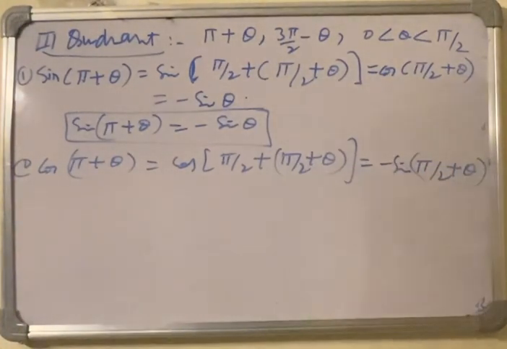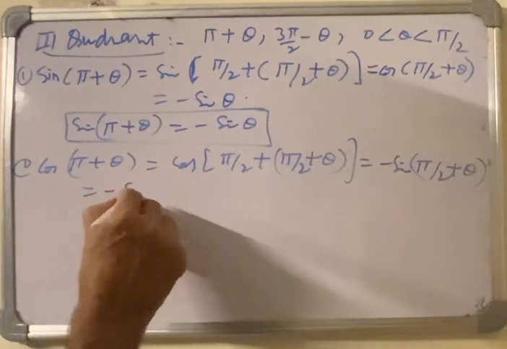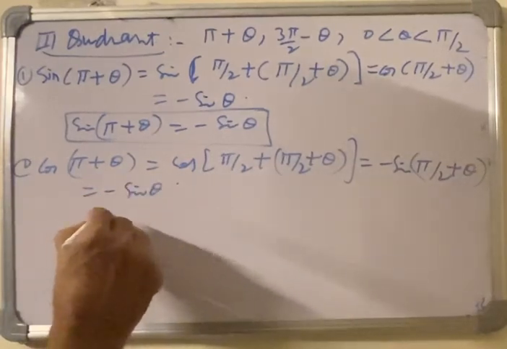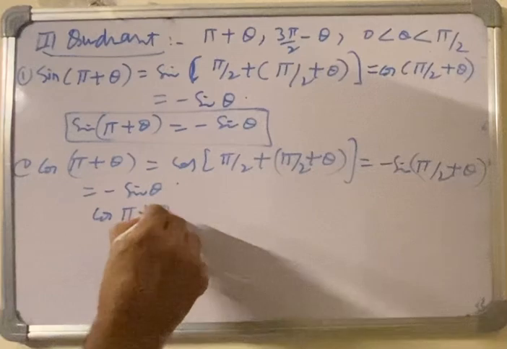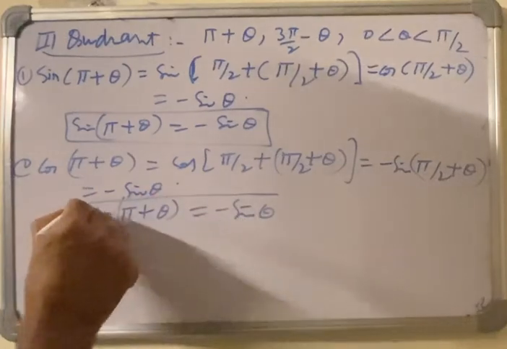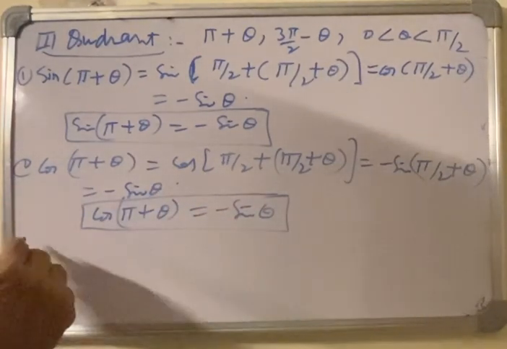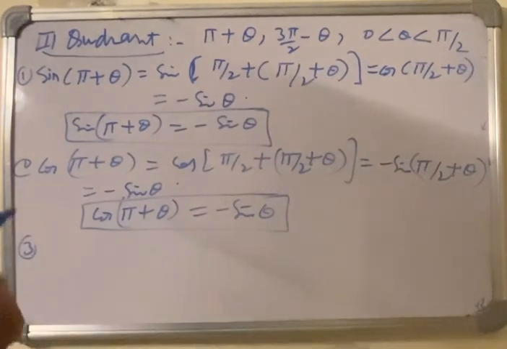Sine is positive in the second quadrant pi by 2 plus theta, so it is minus sine theta. Therefore, cos pi plus theta is minus sine theta. That is, cos is also negative in the third quadrant.